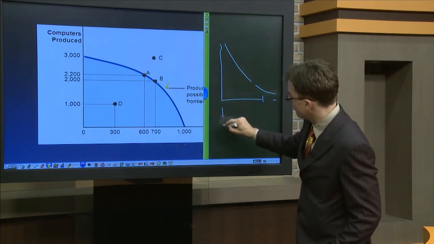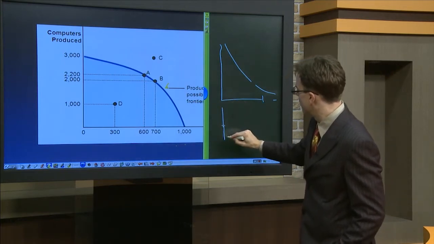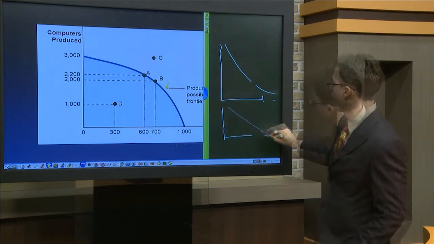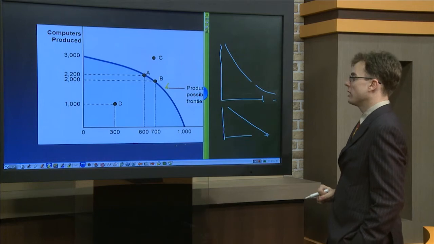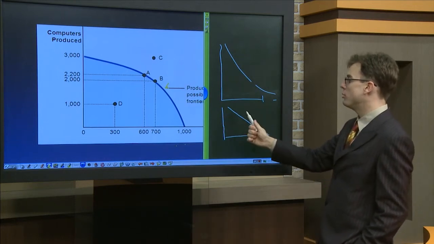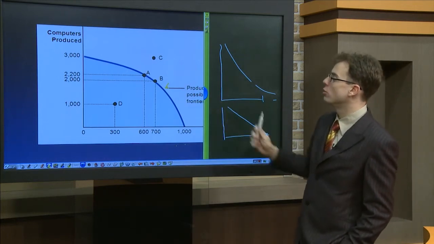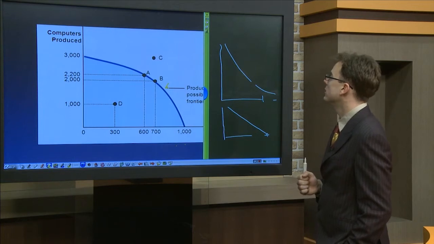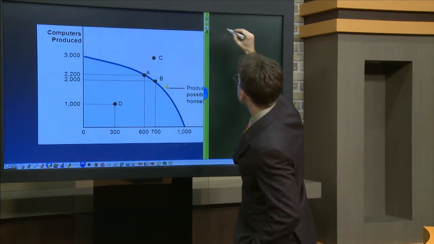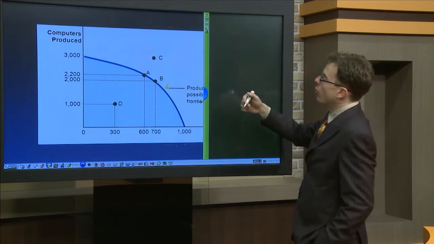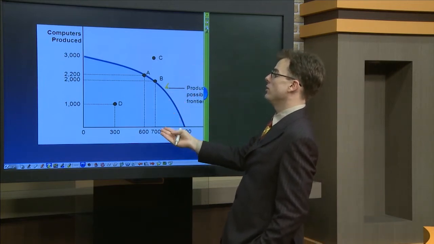And we could also, of course, have constant returns technology, for which the trade-off between producing good 1 and good 2 is always the same.